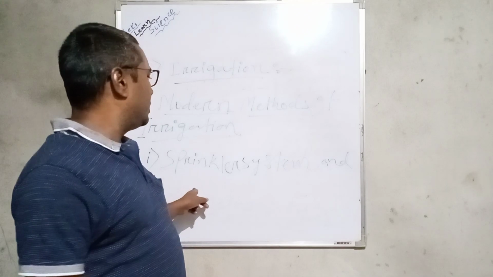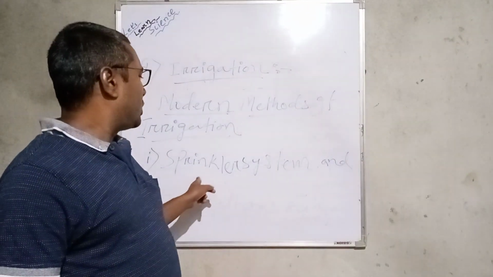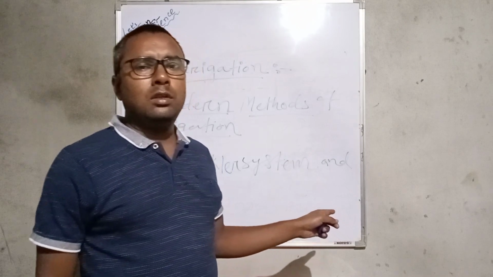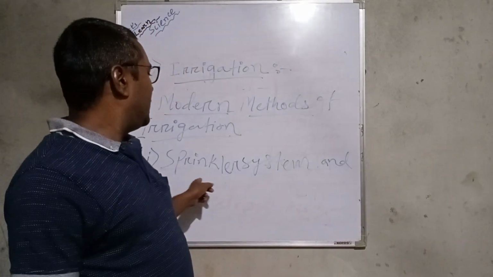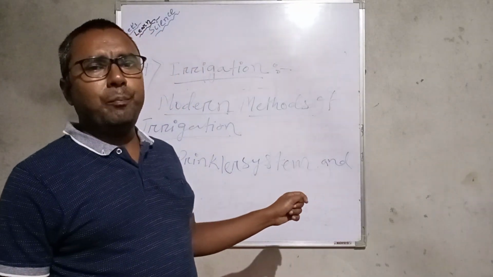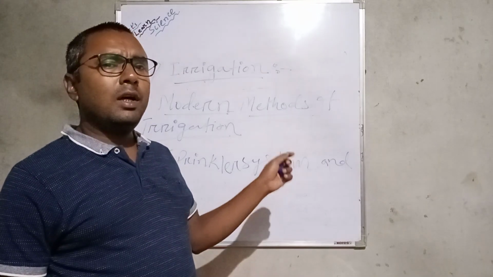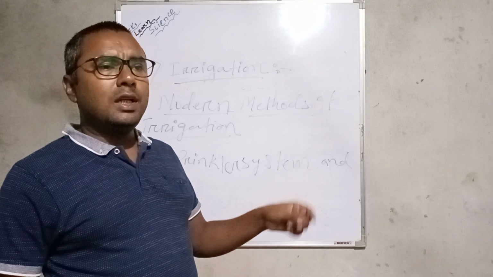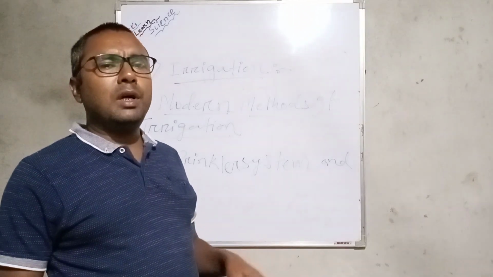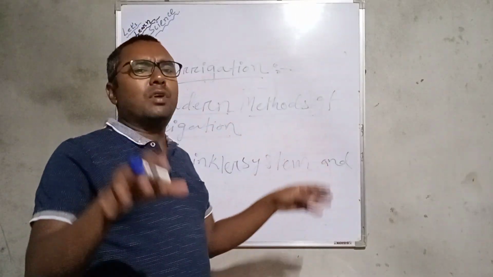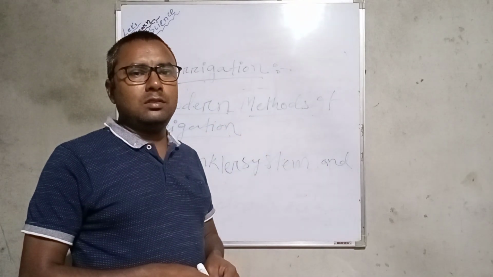What happens in this method? From the sources of water, with the help of a pump, water is poured, and from the main pipe there is a connection or network of pipes with a nozzle, and water is sprinkled over the plants.